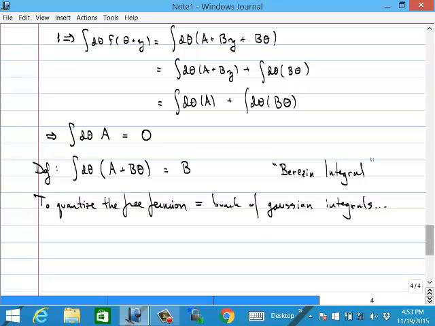So what are the sorts of Gaussian integrals that we're going to need to do? So I remind you that when we quantize a complex field, we can view the real and imaginary parts of that field as independent variables, or we can view the field and its complex conjugate as independent variables. So that means that you can regard psi and psi bar as independent variables.